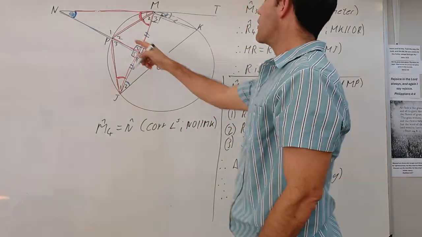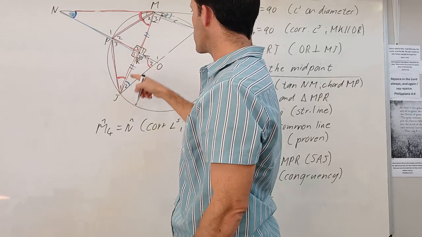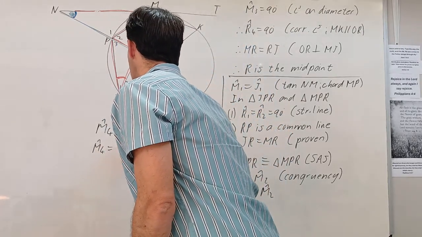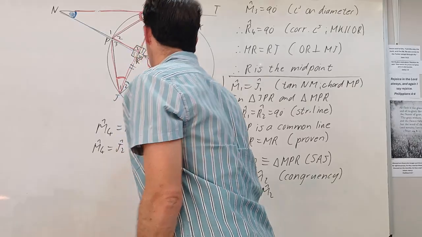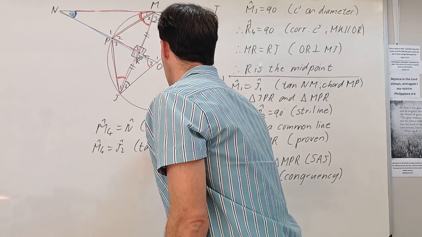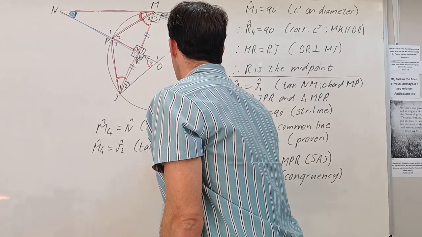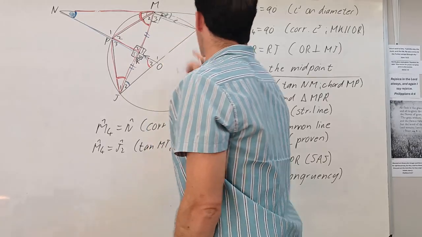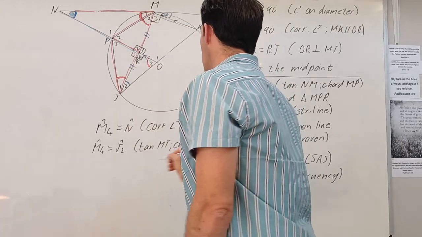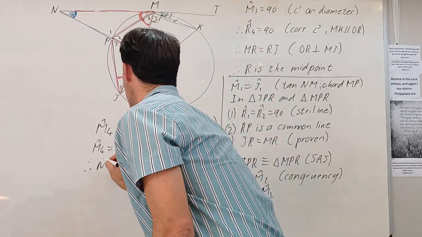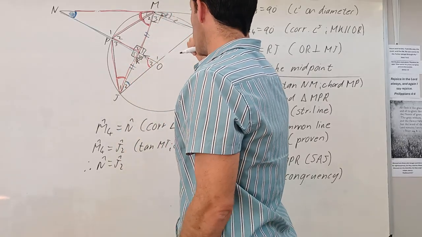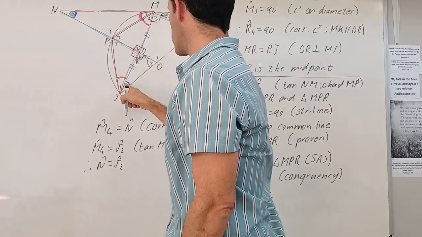Okay, but then we can also say that M4 is equal to J2, because it's the tangent MT, and chord MK, tangent-chord. And then we can say therefore N is equal to J2.